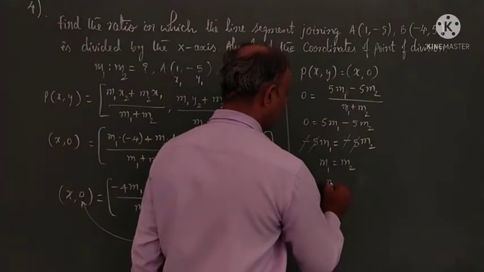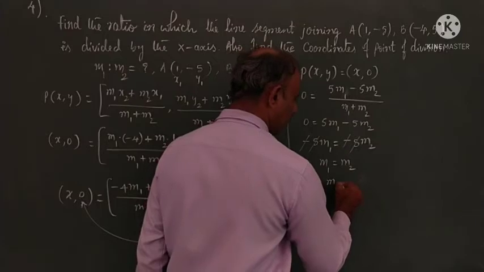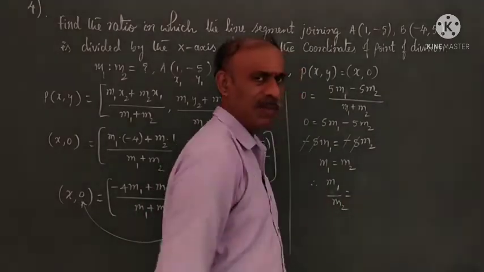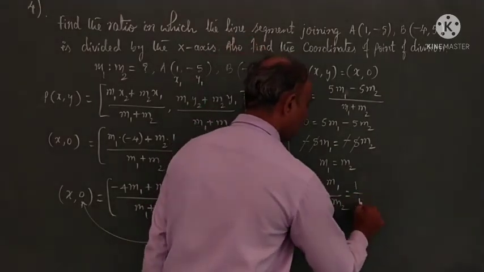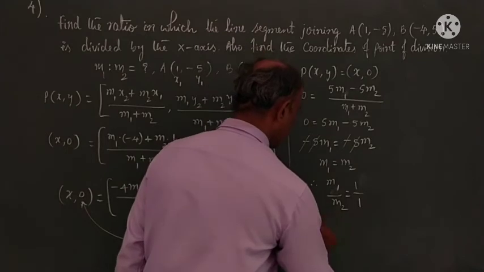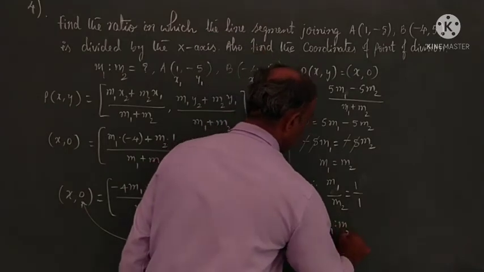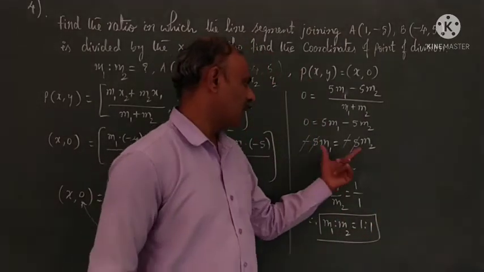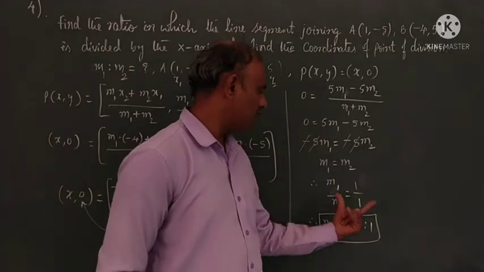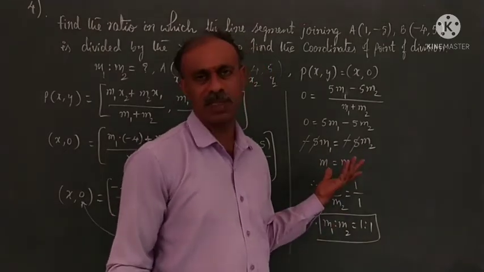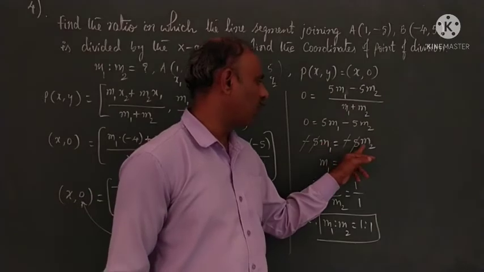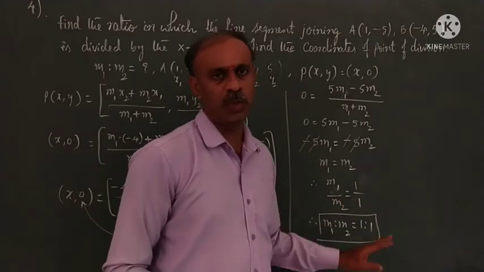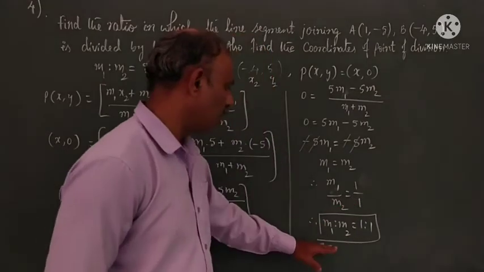So what about m1 by m2? Nothing remains, so it is 1 by 1. Therefore m1 is to m2 is equal to 1 is to 1. Once you practice, after this step you can get it straight away, because there are no other numbers except 1, so the coefficients are nothing but the ratio, 1 is to 1.